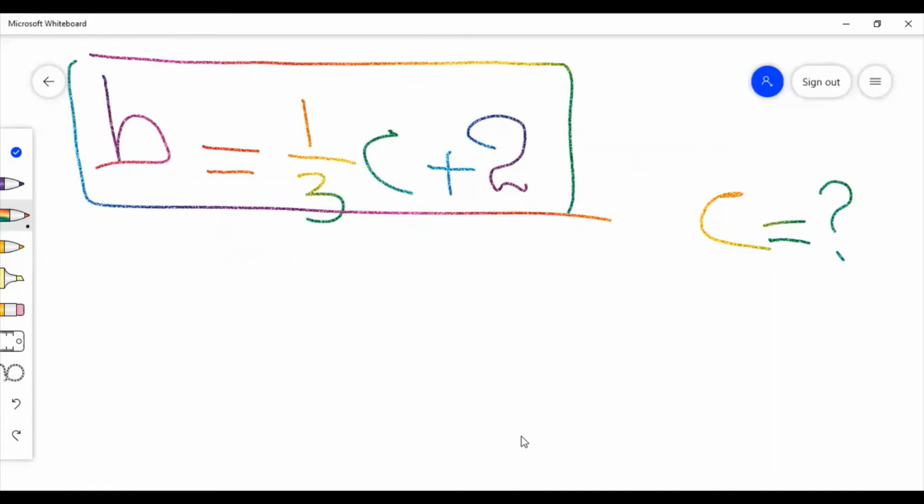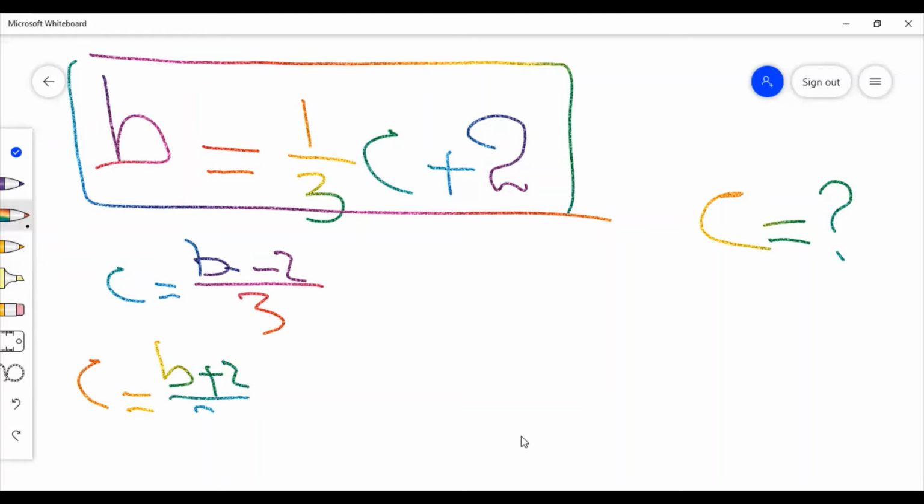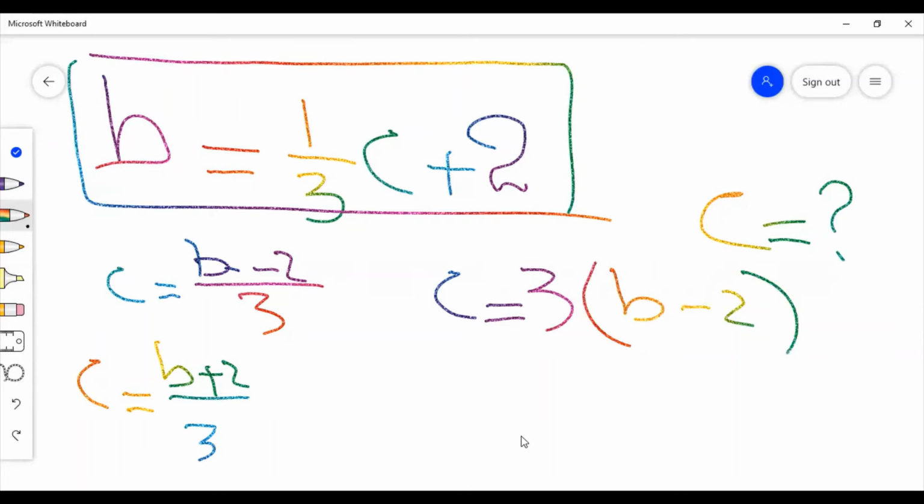The choices are: first, C is equal to B minus 2/3; second, C is equal to B plus 2/3; the third choice is C is equal to 3 into B minus 2; and the last choice D is that C is equal to 3 into B minus 6.